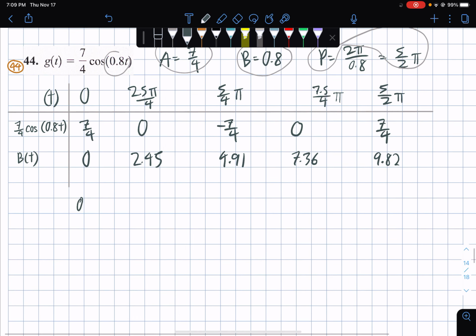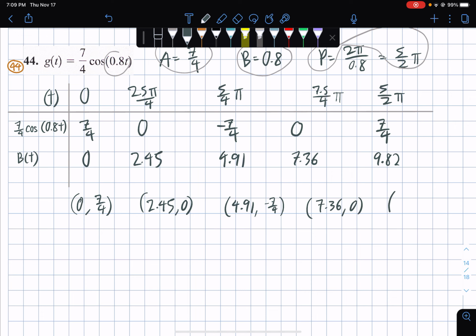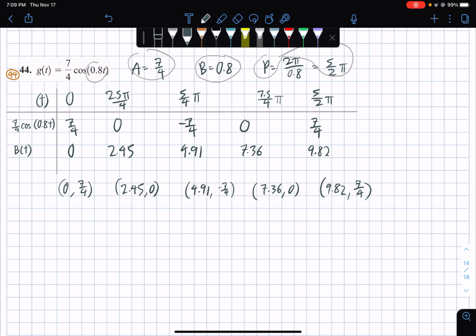Let's tally. Okay, that's what we have. So 0, 2.45, 4.91, 7.36, 9.82.